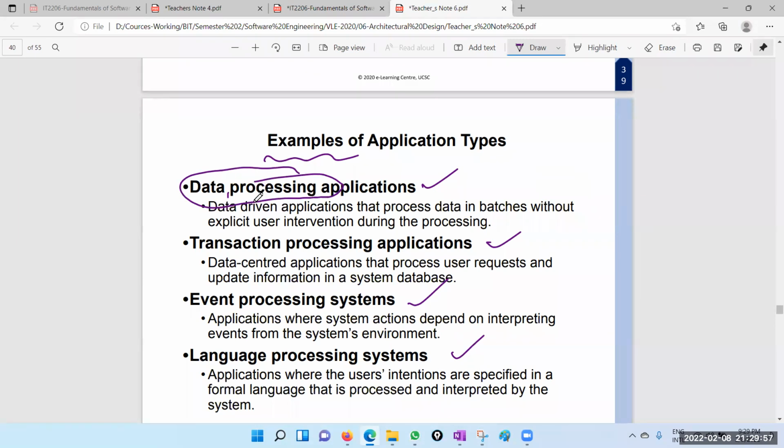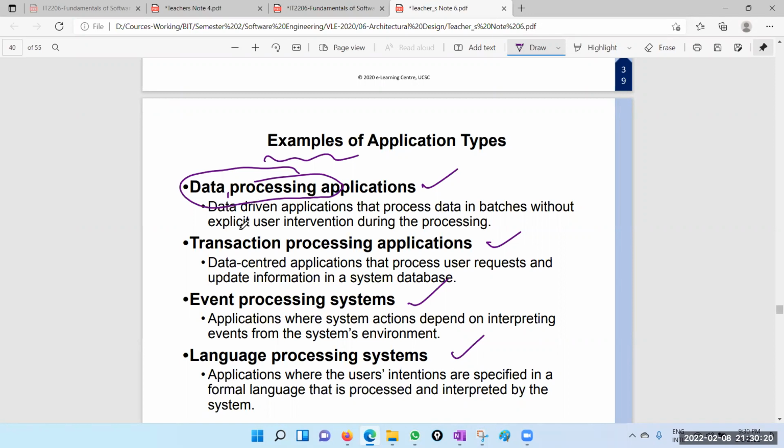Our main concern is processing data. Take data mining applications, something like Google. Their main task is to process your data and come up with meaningful information.